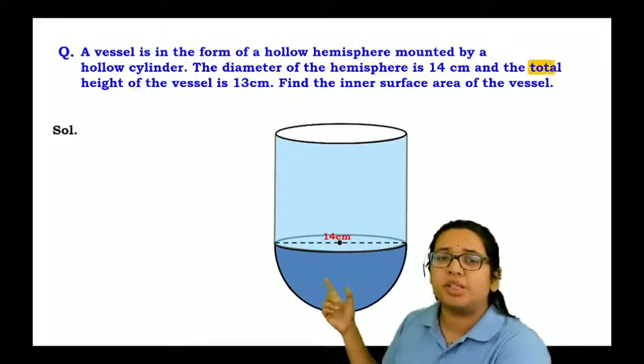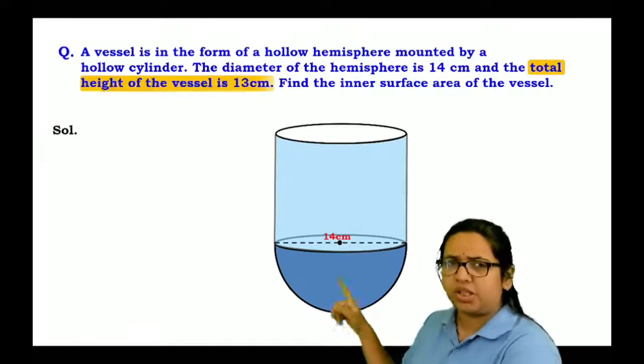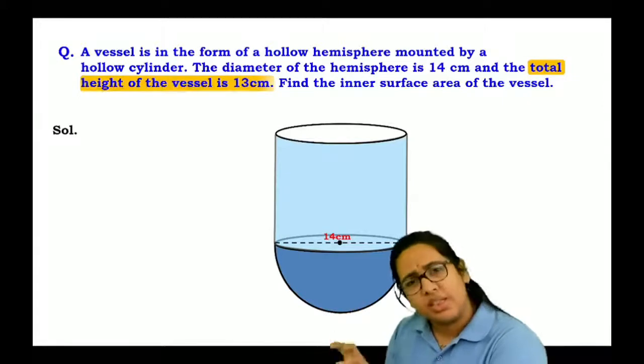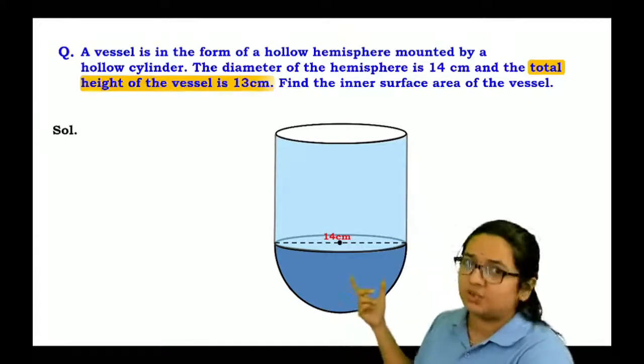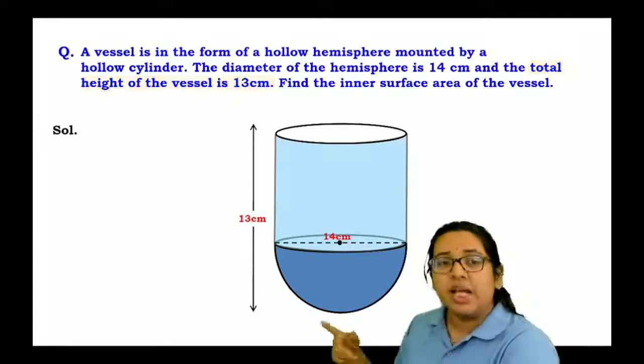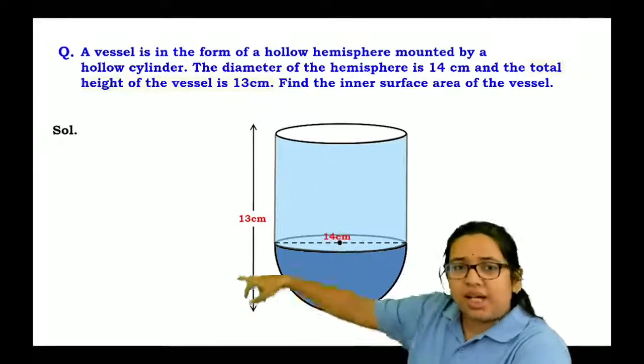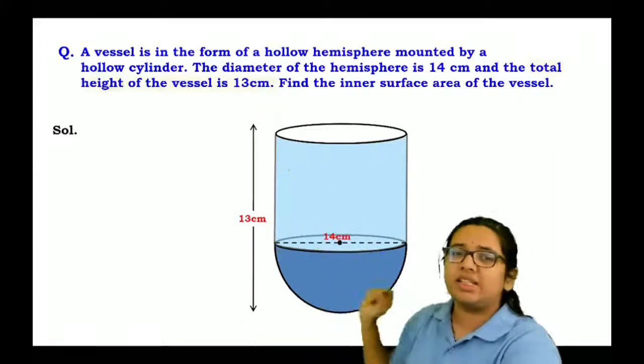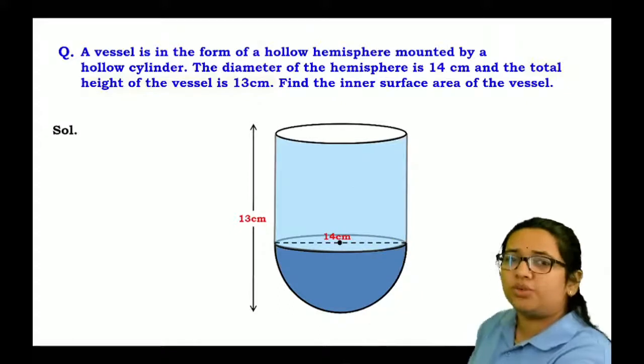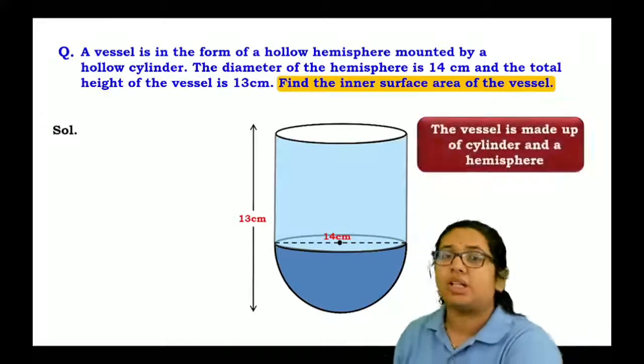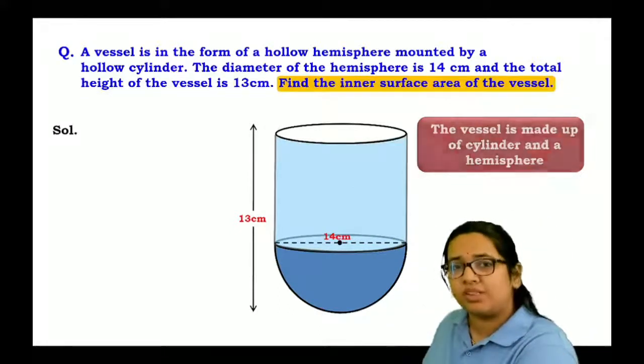Diameter of the hemisphere is given as 14 centimeter. So we know that if diameter is 14, obviously its radius will be 7, correct? And the total height of the vessel is 13 centimeter. Total height of the vessel will be 13 centimeter. Then we have to find out inner surface area.